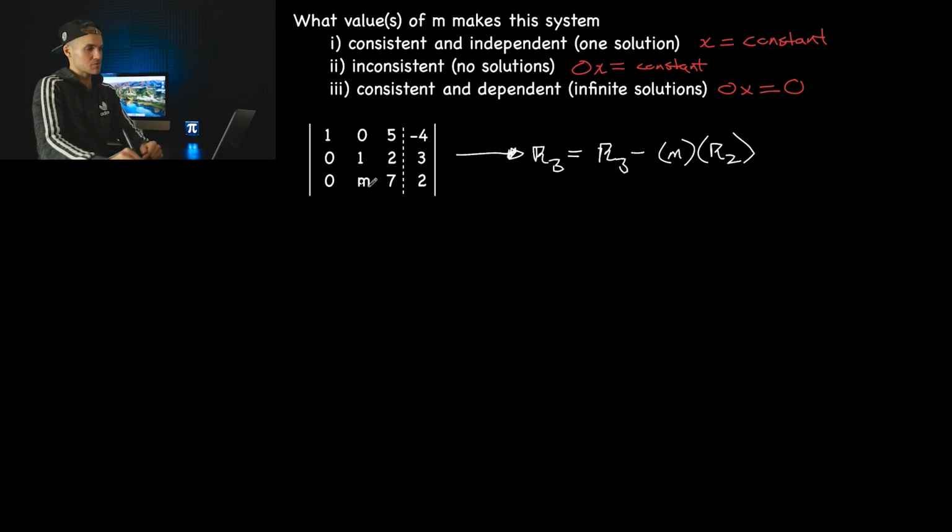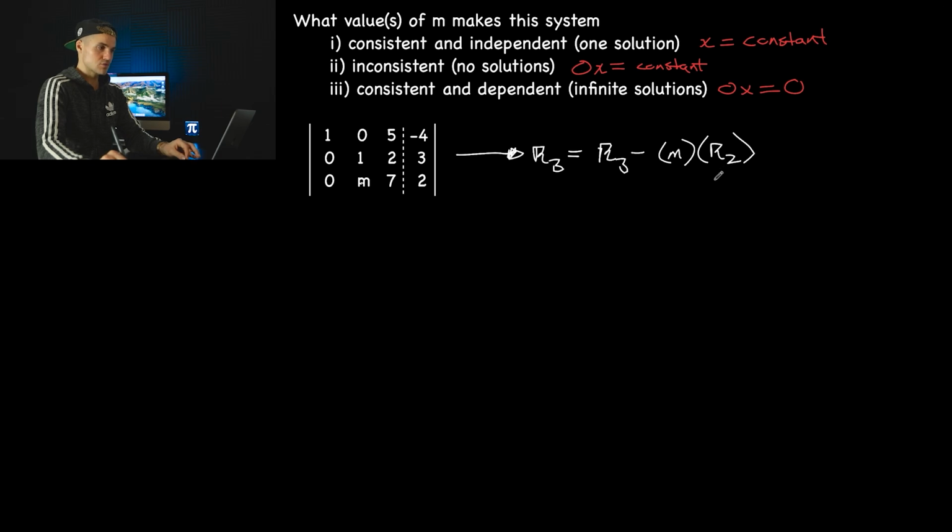Because if you notice, what's going to happen then is we're going to have m, this entry, minus m times the entry in row 2, which is 1. Over here, this is the column I am focusing on, because again, I'm trying to get this m value to be a 0 here. And so multiplying here by 1, notice that we are going to get that 0 that we want, like that. Okay, so this is the formula here that we are going to use.